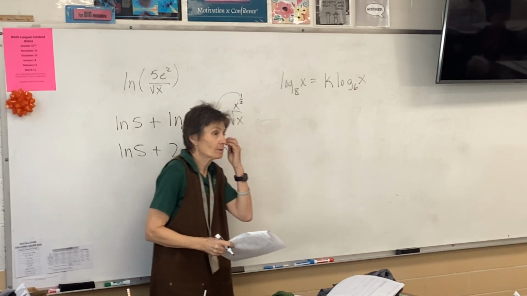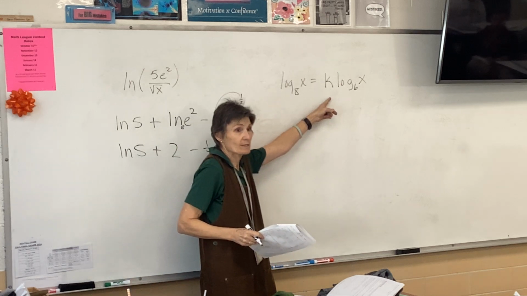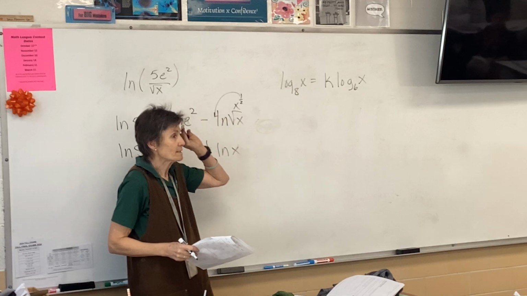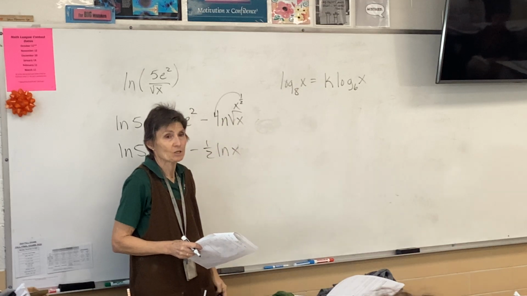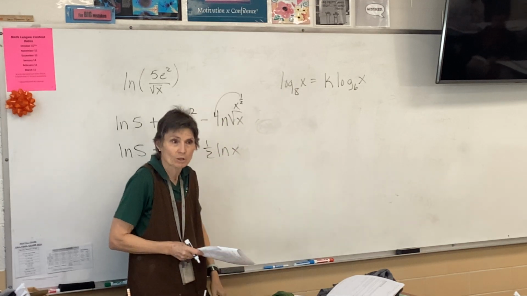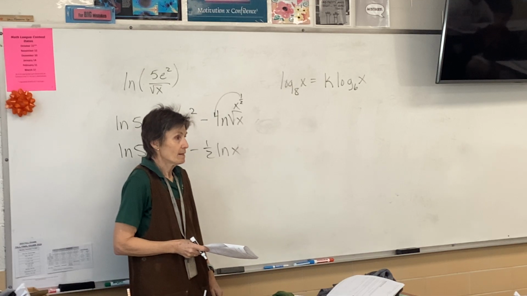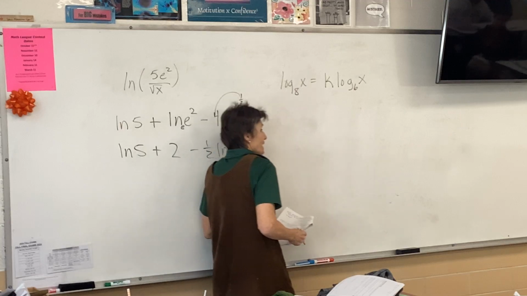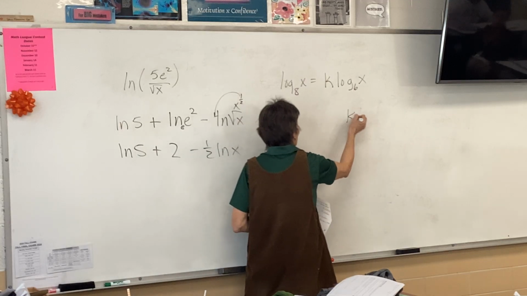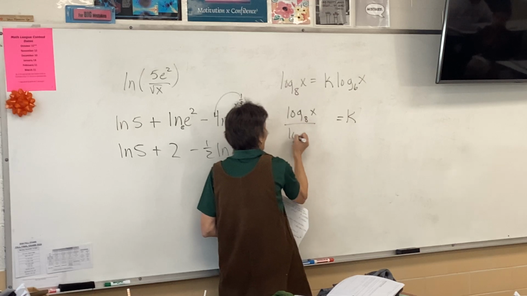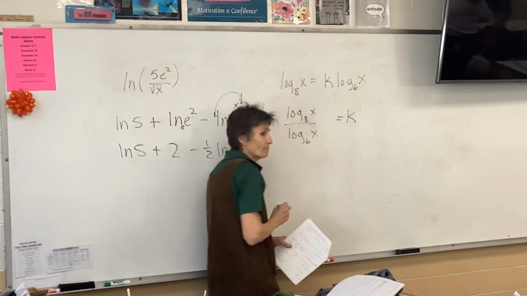So remember, I'll use the same letter we used in the notes. That can be anything, some variable. What does it mean to be a vertical dilation? It means you multiply your function by something. Okay? So what's that k? Well, that k would be the log base 8 of x over the log base 6 of x.